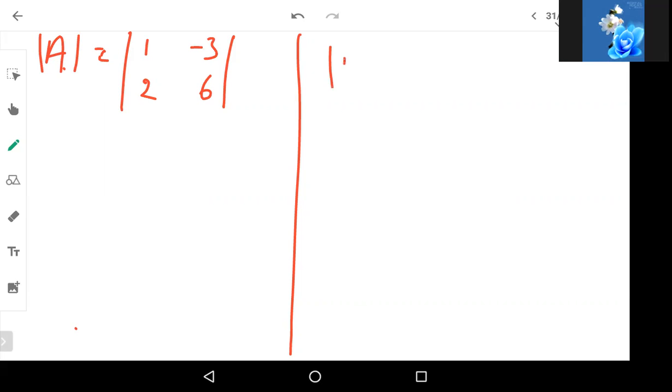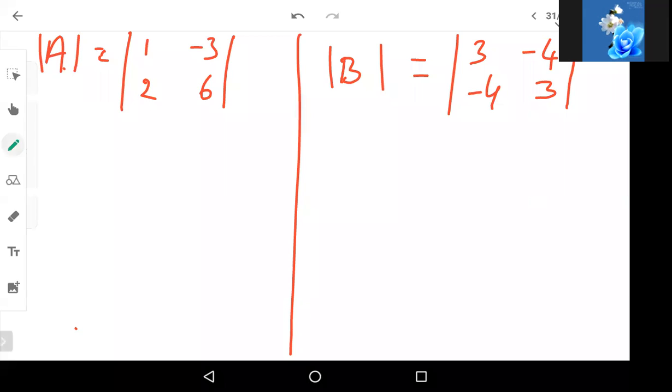And also this. What will be the answer for first determinant A? 12. Good. What is the answer for determinant B then? Solve the second one.